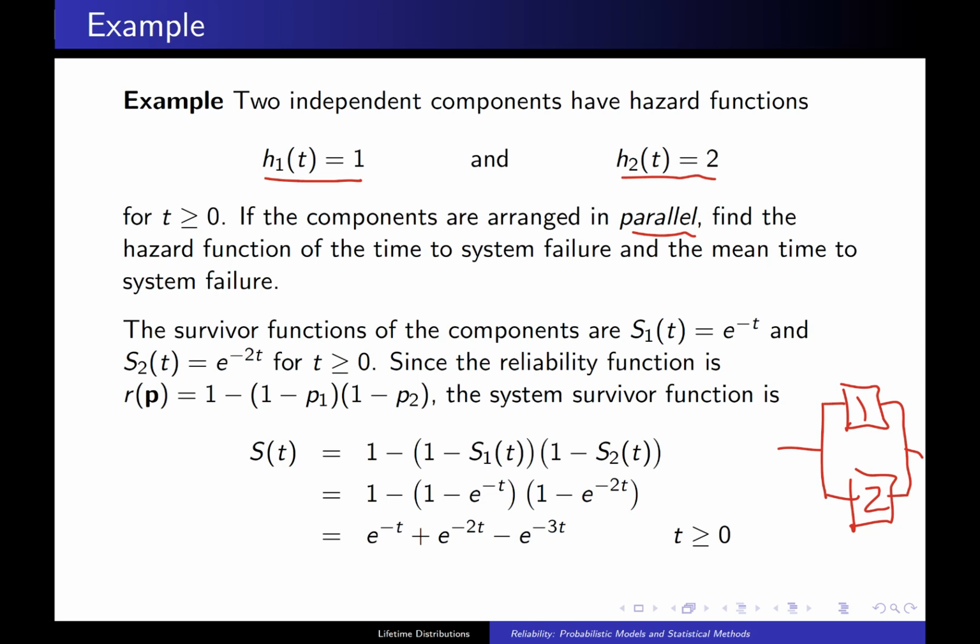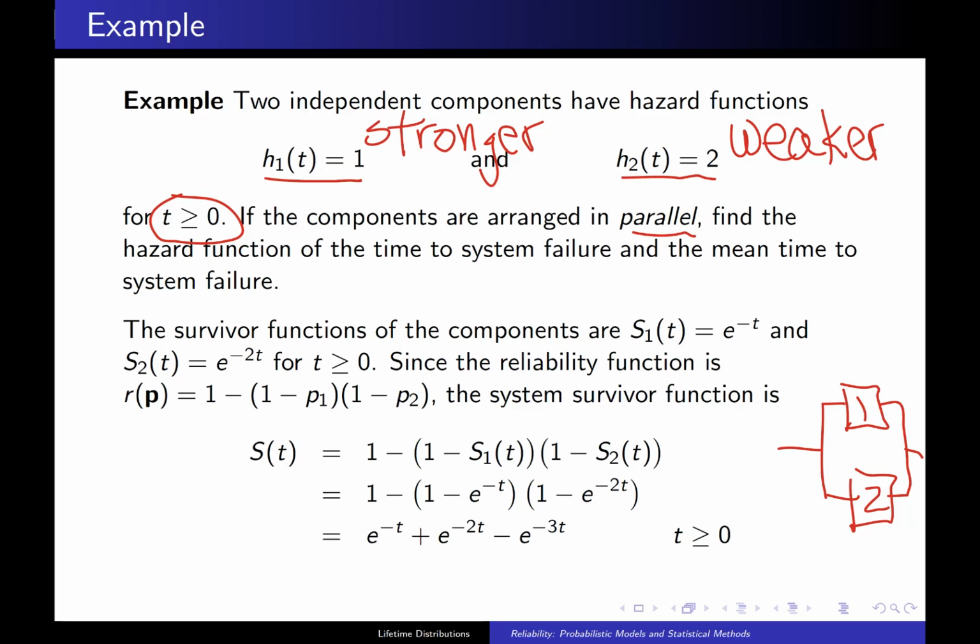And if we, for the moment, assume that time is measured in hours, this first component is going to have an exponential distribution with a failure rate of 1 failure per hour, and the second component will have a failure rate of 2 failures per hour. Well, what that means is this first component will be the stronger of the two components, and the second component will be the weaker of the two components.